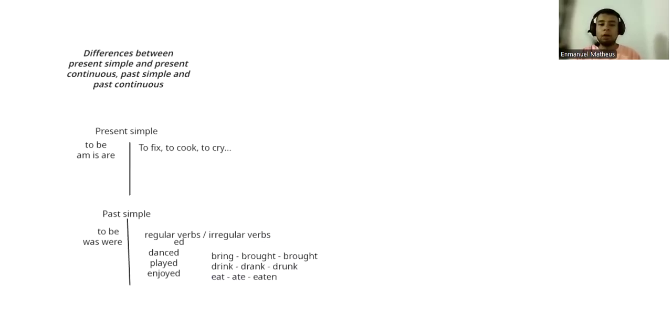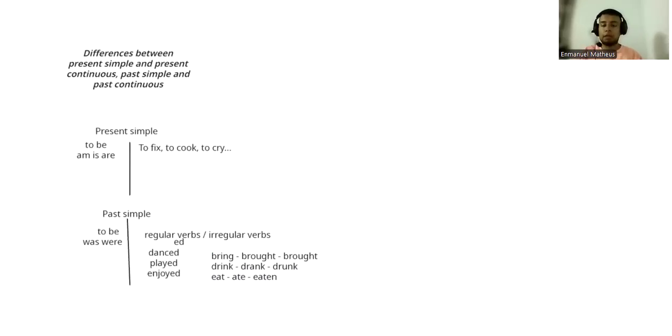If we notice here, the present simple could use the verb to be form, is or are, or it could use other action verbs like fix, cook, cry, and so on. For the past simple, it's similar. It's not too different. The only thing is that instead of using am, is, and are, we're going to use the past of those words, which are was and were.